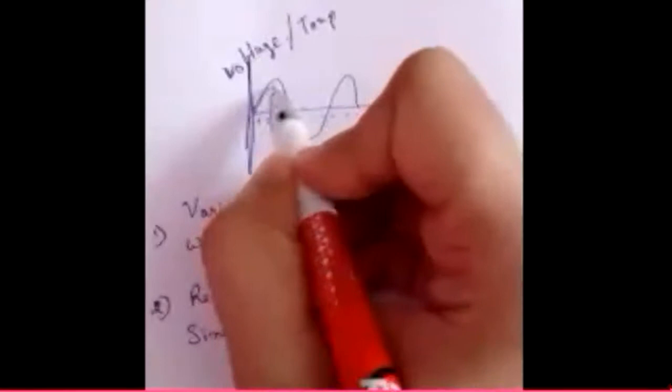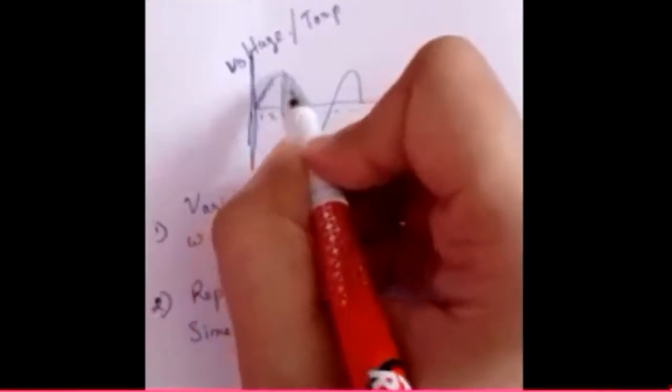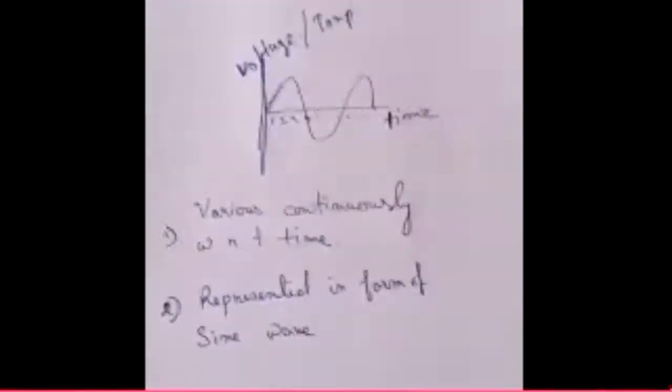This is the time. Say the time increases: 1, 2, 3, 4 second, this way the time goes on. If the time increases, the voltage or the temperature also increases, right? So it is a continuous increase. It doesn't stop at one point.